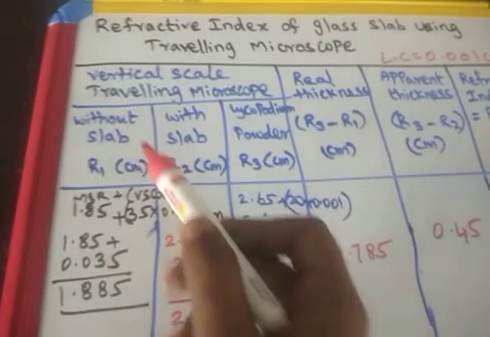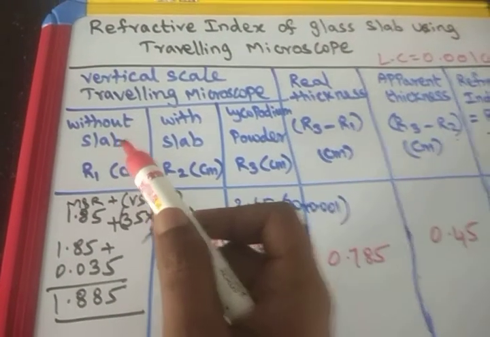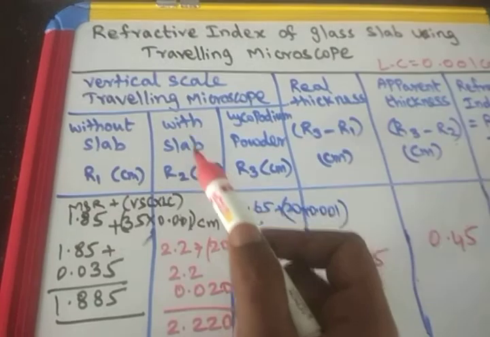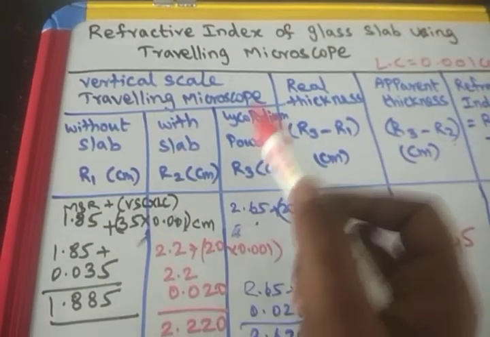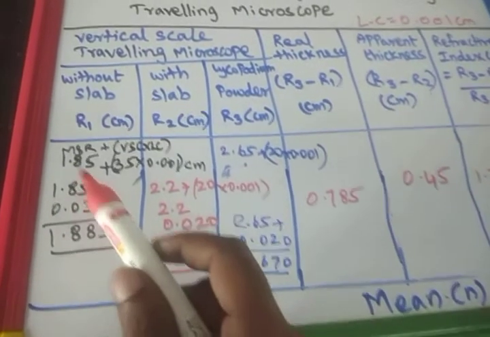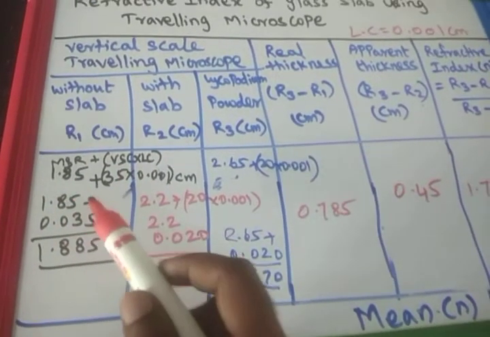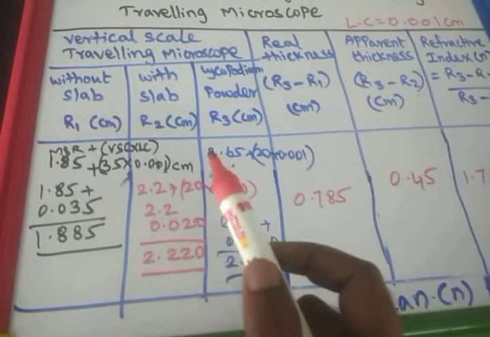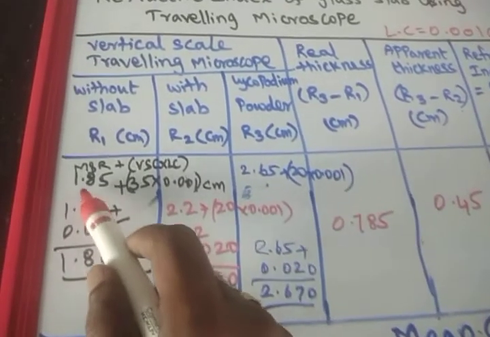Again I will say that first you have to focus the mark without the slab, then focus the mark with the slab, then focus the lycopodium powder and take the readings. While taking the reading, first see which main scale division the arrow mark of the vernier coincides with, that is 1.85.